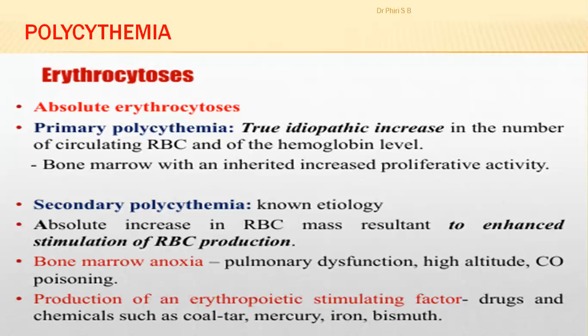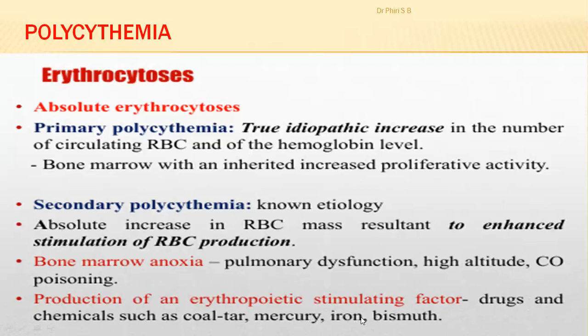So it's secondary polycythemia, secondary to something else that is happening within the body. So you can see the production of an erythropoietic stimulating factor is increasing. So sometimes you can have drugs that can stimulate the production of erythropoietin, or chemicals such as coal, mercury, iron, just to mention a few.